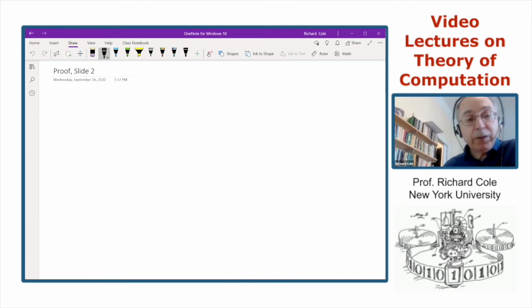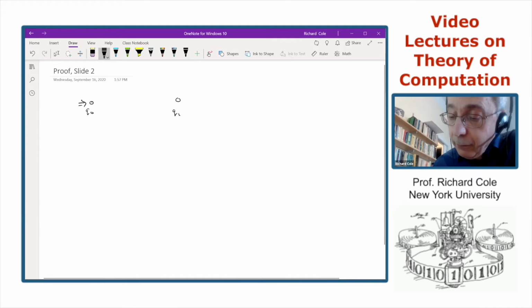All right, let me, as before, redraw this picture to focus on the pieces of this path. So we start at Q0. We have Qi equals Qj.